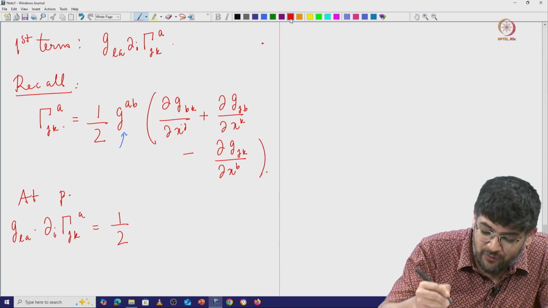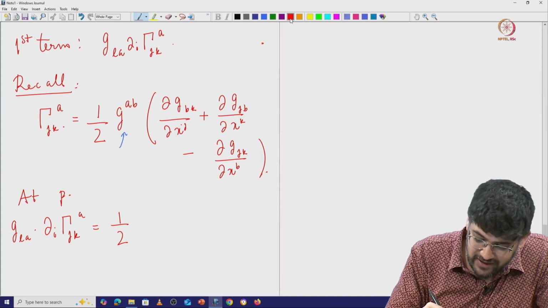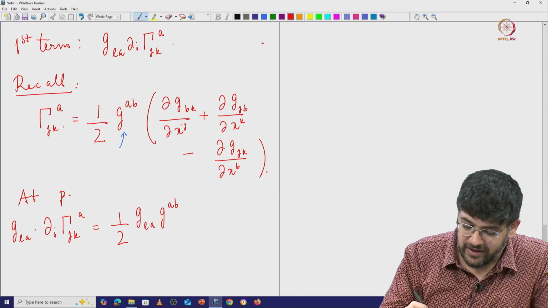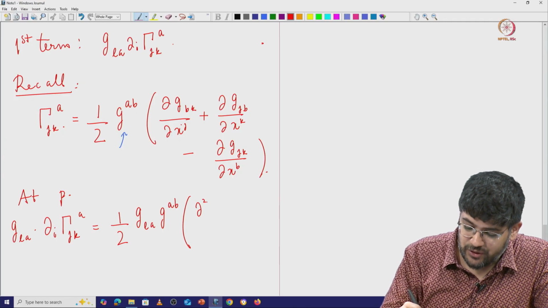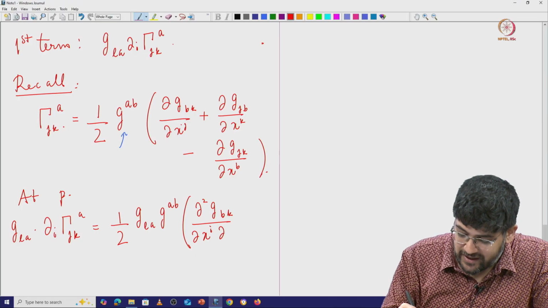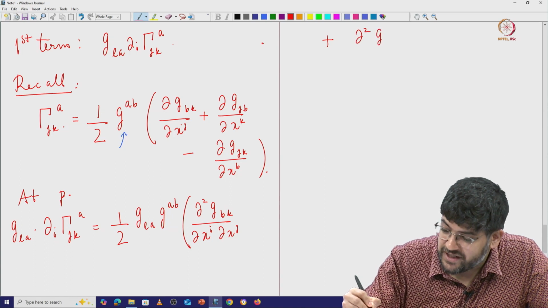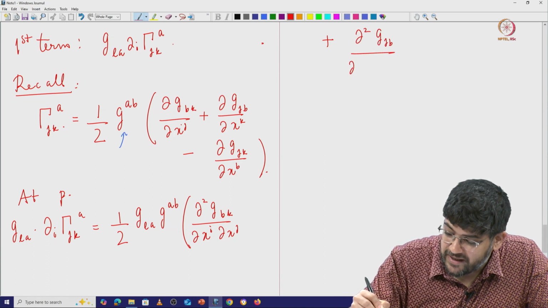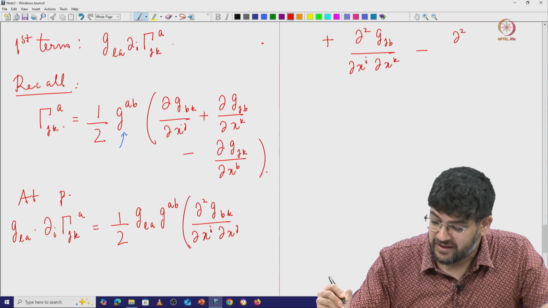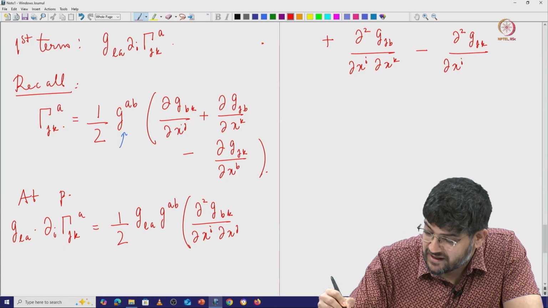I won't hit the derivative on g^AB because that gives me 0 anyway. So I'll have half times you hit the derivative on g_BK: del squared g_BK by del x_i del x_j plus del squared g_JB by del x_i del x_K minus del squared g_JK by del x_i del x_B.